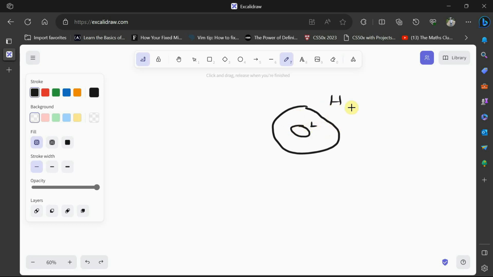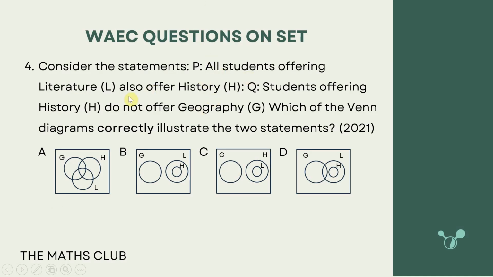It would have been the other way if they said all students studying history also study literature, but they said all students studying literature also study history. You have to follow the order of how they stated it. So looking at this, I already know my answer should most likely be C. This is the one that depicts the first half.